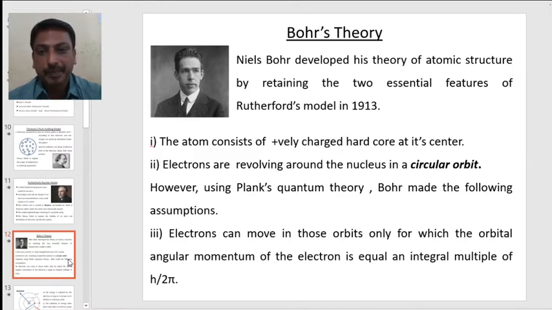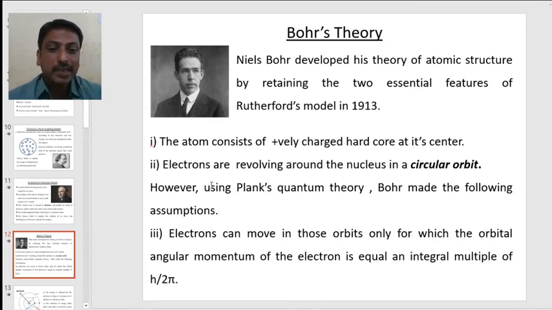The atom consists of a positively charged core at its center, and the electrons are revolving around the nucleus in a circular orbit. By retaining these two, he made a few more assumptions for his atomic structure.